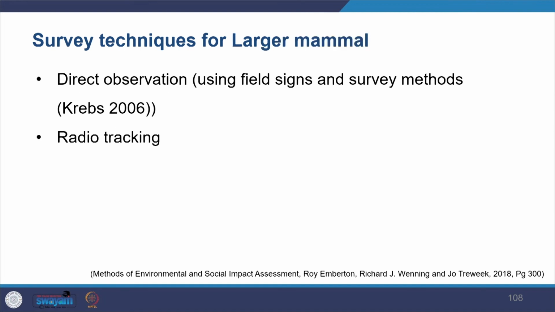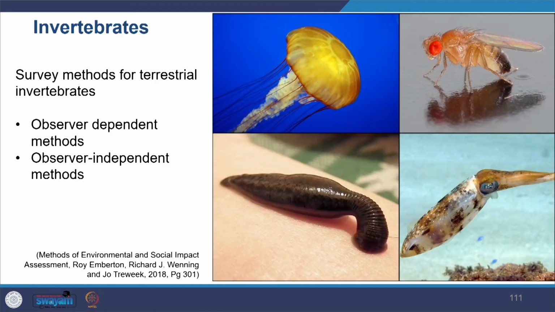Radio tracking also you can use, and field signs can also be used. For invertebrates as well, you need to do surveys, and you can have observer independent methods such as traps, or you can have investigators visit the site.